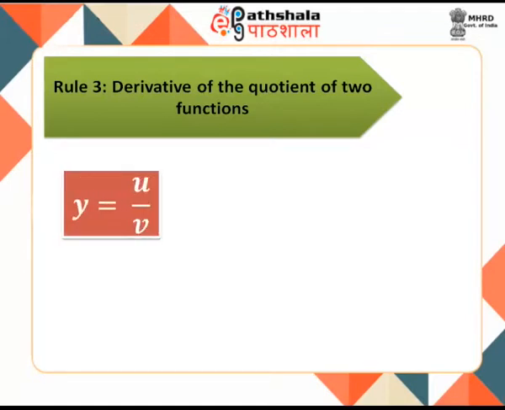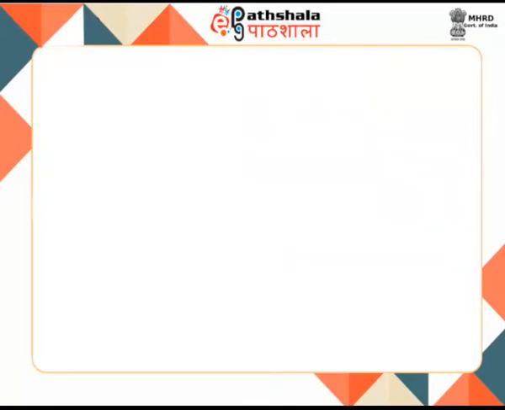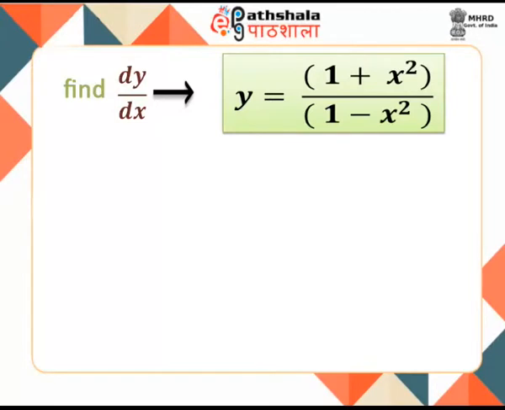Next we discuss Rule 3, derivative of the quotient of two functions. If y is equal to u by v, where u and v are functions of x and v not equal to 0, then dy by dx equal to (v du by dx minus u dv by dx) by v square. Consider an example to find dy by dx of the function y equal to (1 plus x square) by (1 minus x square).